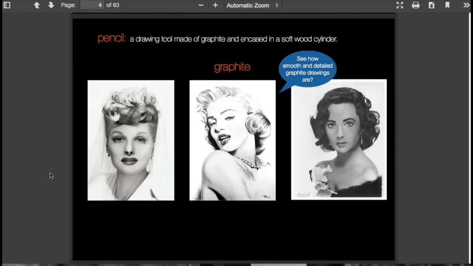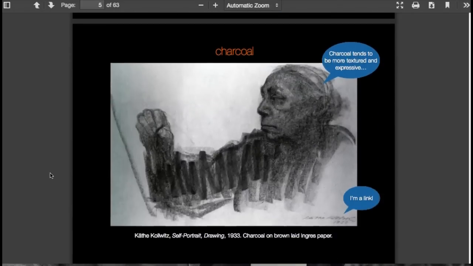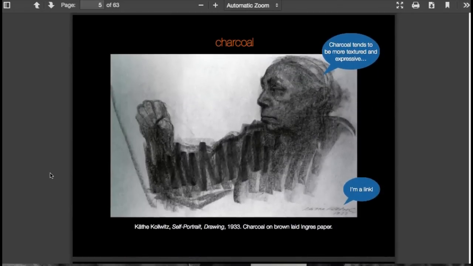It's a much harder material, so you can get those very fine lines, fine details. There are different lead weights of graphite pencils, so some of them you use to get a softer, smoother texture. But when you look at these three, you can really get those crisp, fine details that you can't get with other drawing materials such as charcoal pencils.